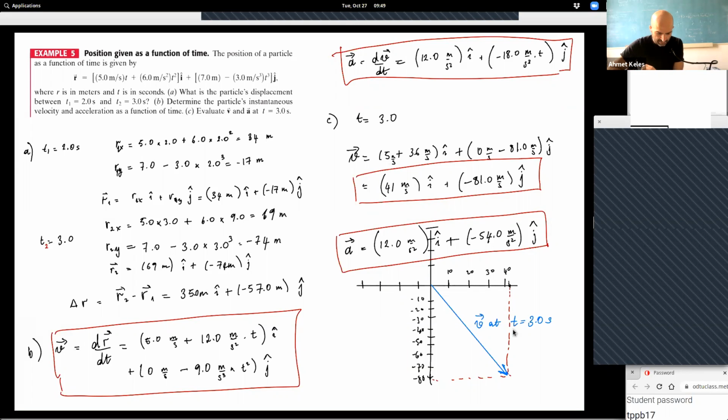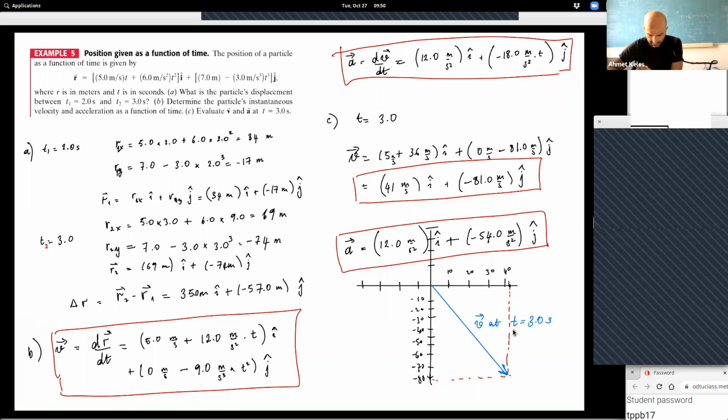So in part c, evaluate v and a at t equal to 3 seconds. We just plug in 3 to here and here. And if you do this, v is 41 meter per second along the i direction minus 81 meter per second along the j direction.